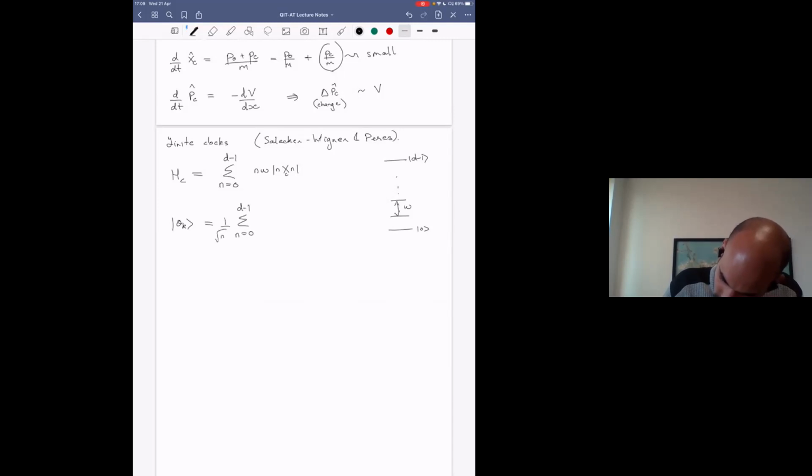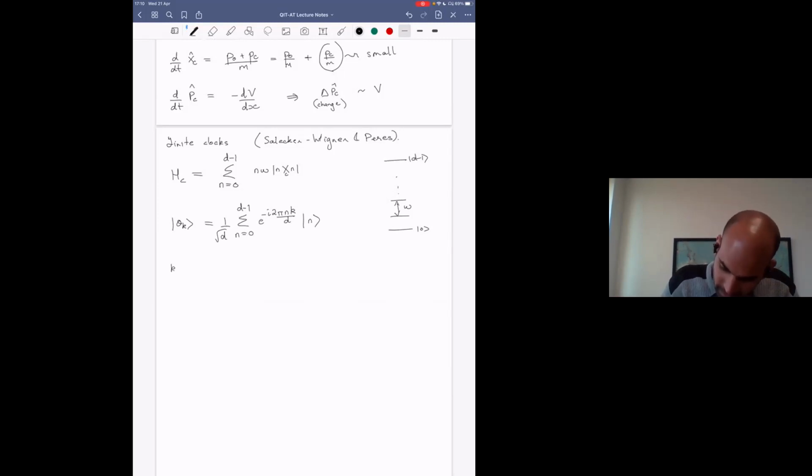This is the following: 1 over square root of d, the sum of e to the minus i 2 pi n k over d, times |n>. So it is an equal superposition in terms of the absolute value of the coefficients of all of the energy eigenstates, but it has a phase that depends both on n as well as k.